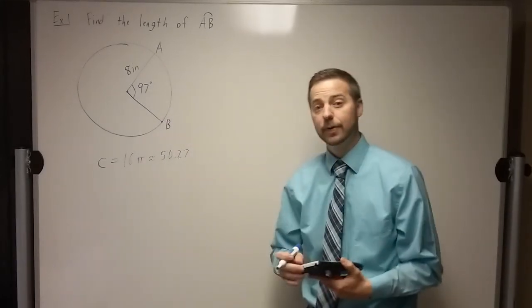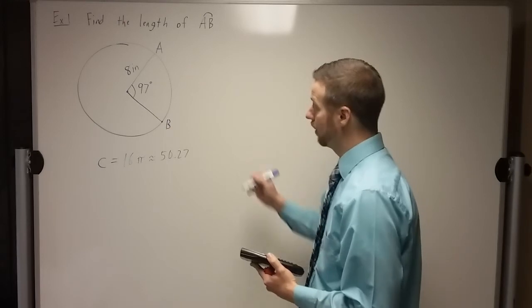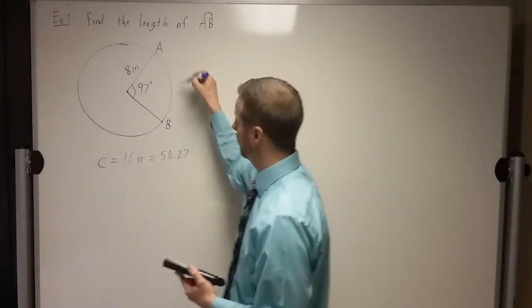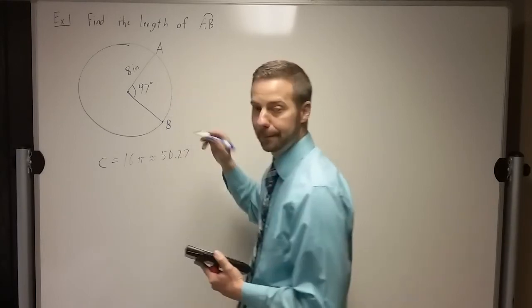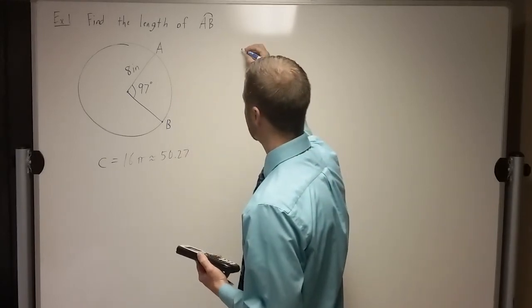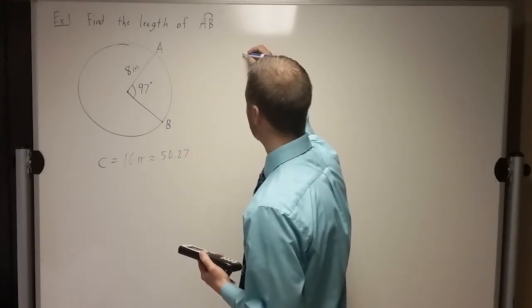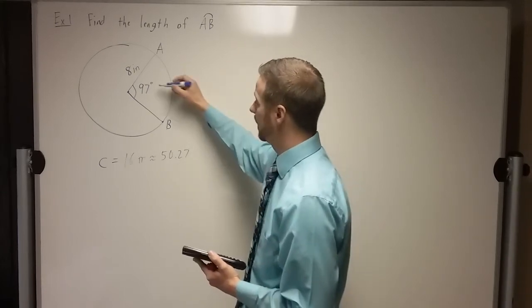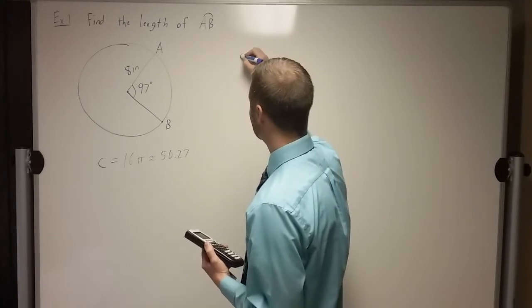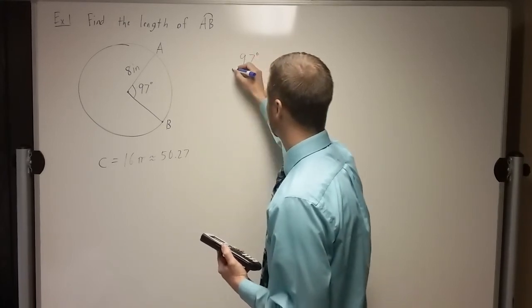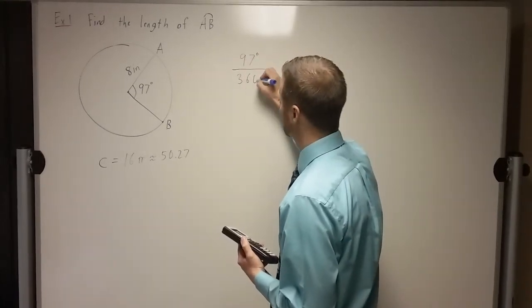All right, so let's see if we can figure out the length. That, remember, the 50.27 is the length all the way around. Let's see if we can find the length just from there to there. So we're going to do something like this. We want a fraction of that. Now, let's think about what fraction we want of that. We're using 97 degrees. The full circle is 360 degrees.